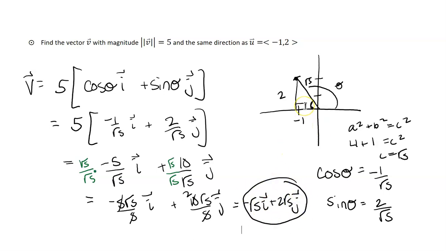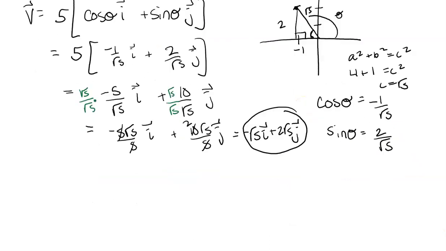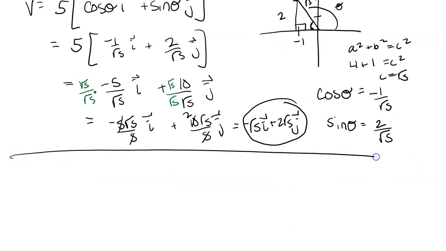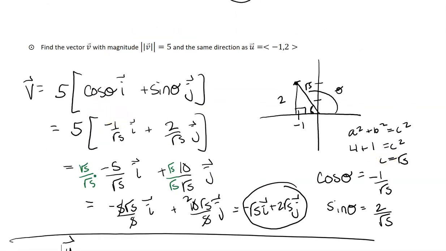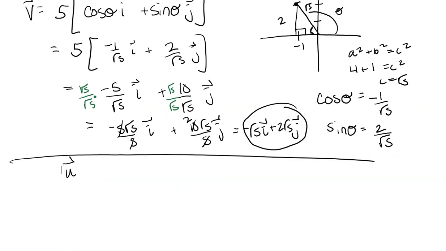Now if the trig freaks you out and you don't like that, the other way you can look at it is you can find the unit vector in the direction of u. u is ⟨-1, 2⟩. So the magnitude of u is going to be the square root of -1 squared plus 2 squared, which is the square root of 5.